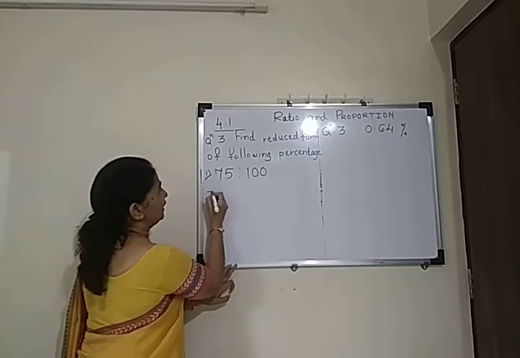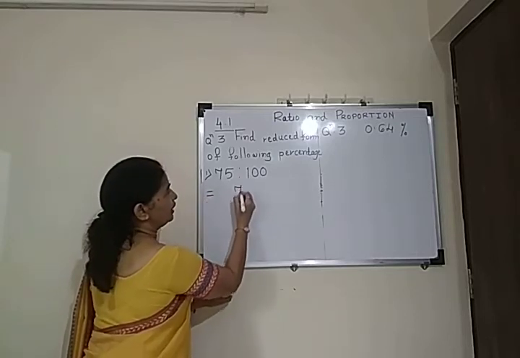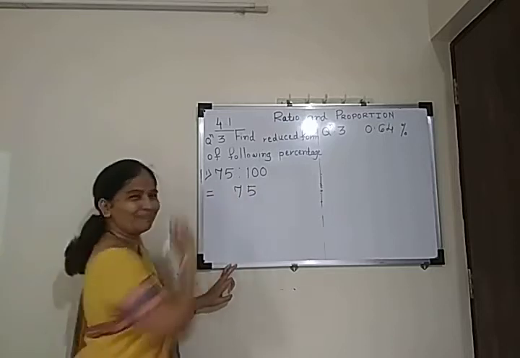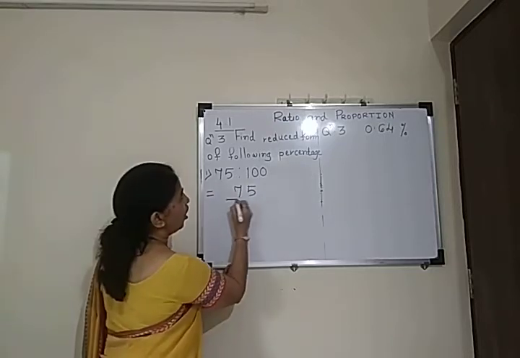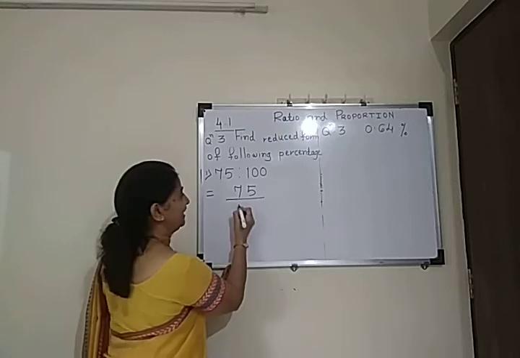Can I write it in this way? 75 is the numerator, upon this denominator.